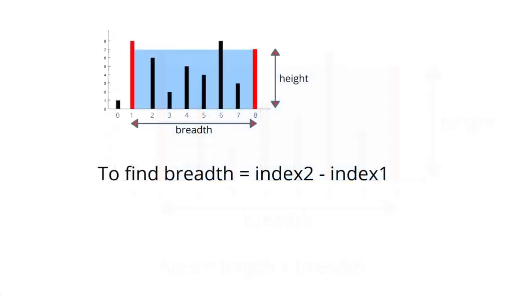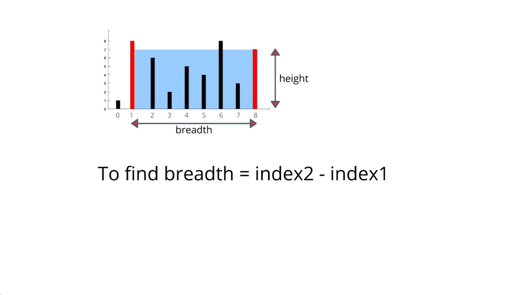In order to find that, we can find the breadth by index 2 minus index 1. You can see this index right here, like 8. These are the indexes 0, 1, 2, 3, 4, 5, 6, and these are the heights you can see in this picture. Let me give some examples. The first pillar has a height of 1, the second pillar has a height of 8, and the third is 6.